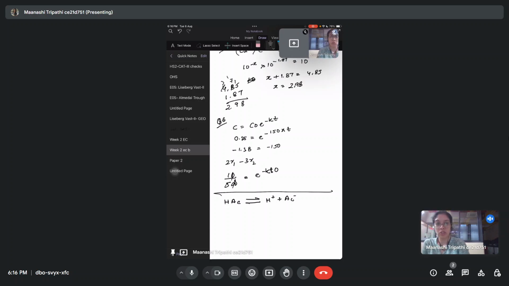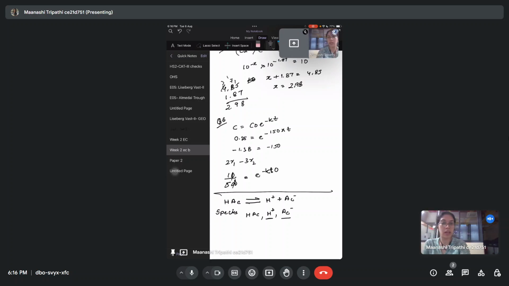First of all, we need to identify the species. What all species will be there? One will be HAc, second will be H plus, and third will be Ac negative. As sir has explained, this proton we will always take as a species, and the most deprotonated form also will be considered as a species.